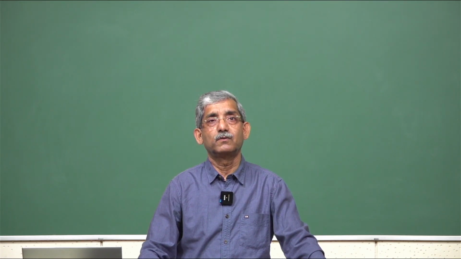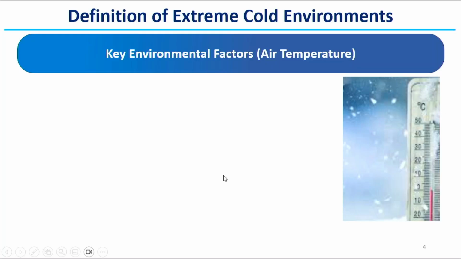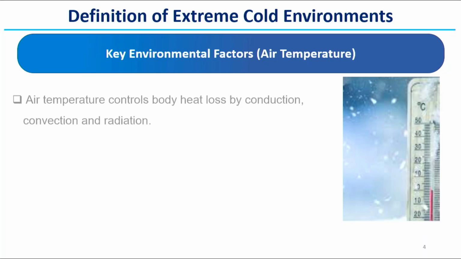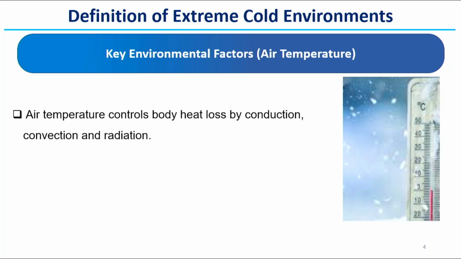So, what is the definition of an extreme cold environment? We are now trying to define. The key environmental factor, as we have discussed, is the air temperature. Air temperature controls the body heat loss by conduction, convection and radiation. Due to the temperature difference, our body heat comes out to the environment, and as the temperature gradient is larger at lower and lower temperatures, the rate of body heat loss will be higher.